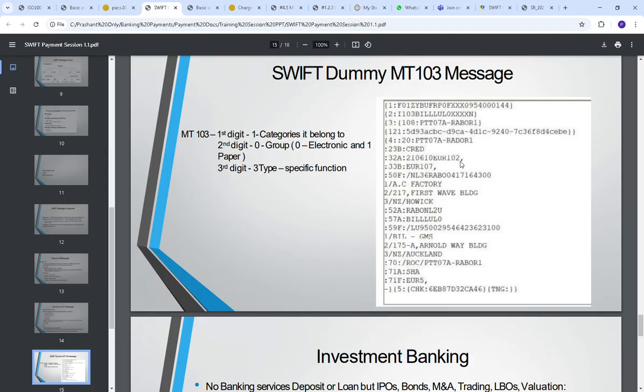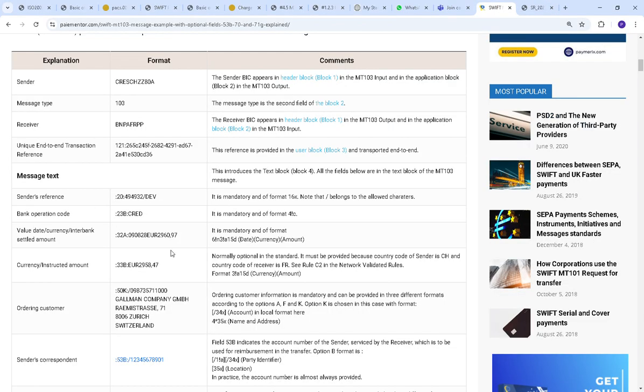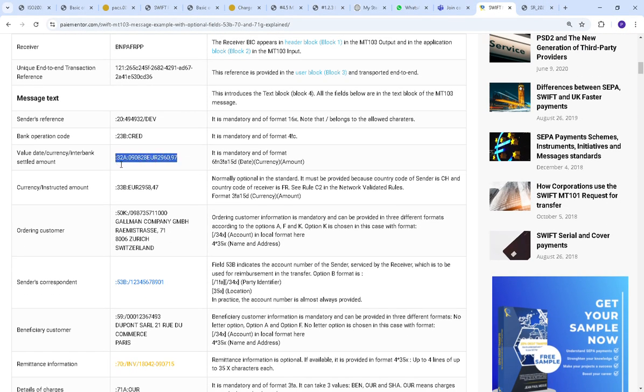Okay, simple. Now next one is 33B, which is the actual amount, currency and amount. 32A is mandatory, value date, currency and interbank settled amount, then currency and instructed amount, 33B.